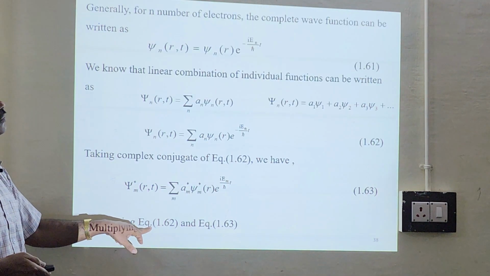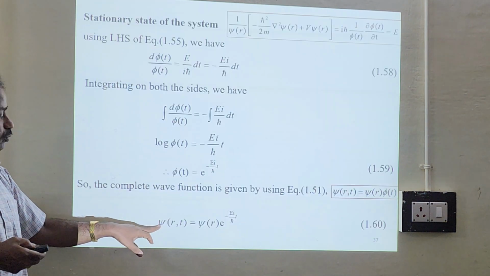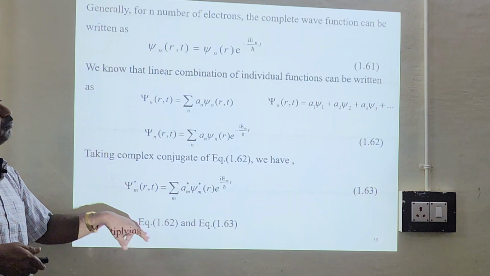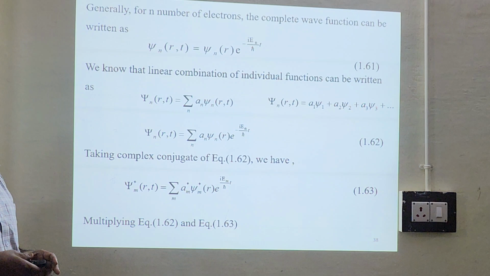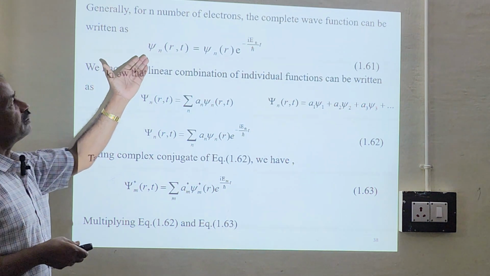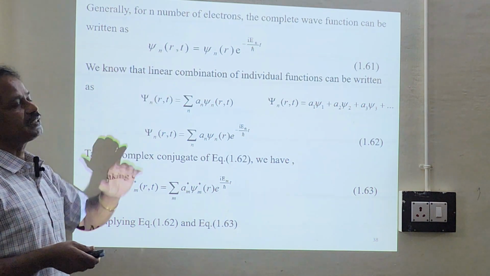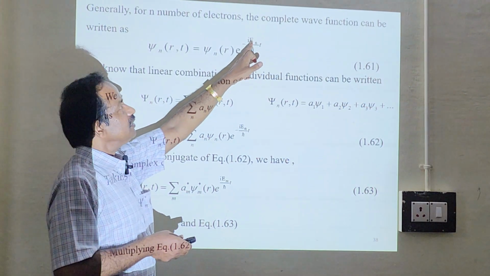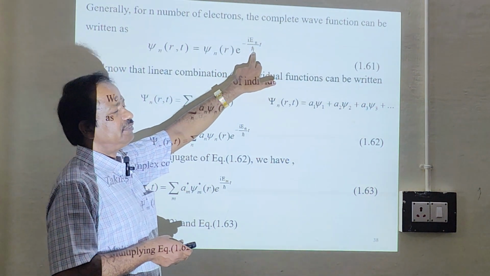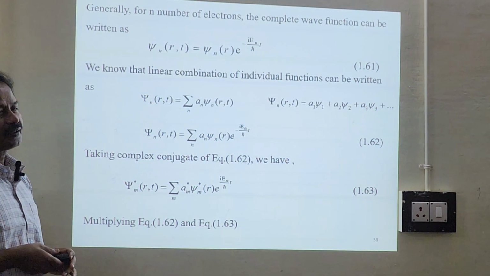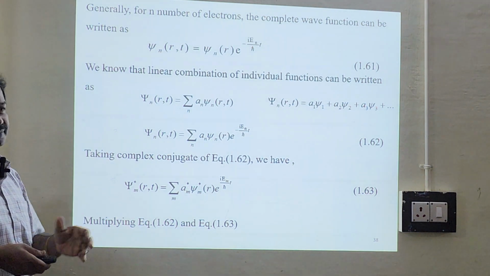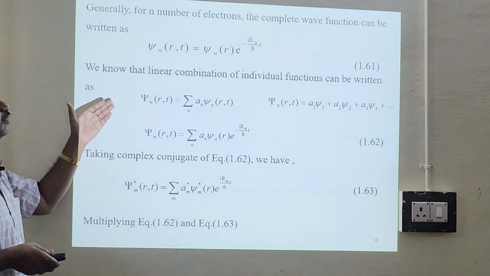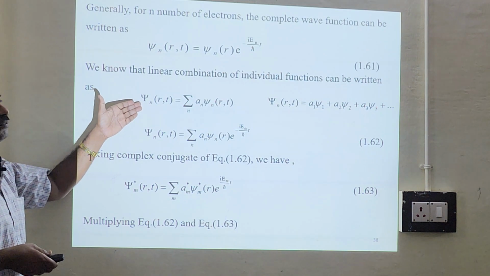Now this is for one particle, one quantum system. For a number of quantum particles, we can write psi n of r comma t equals psi n of r e power minus E suffix n divided by h bar into t. And yesterday, in the last video class, we looked into the linear combination of individual functions. Can you remember?